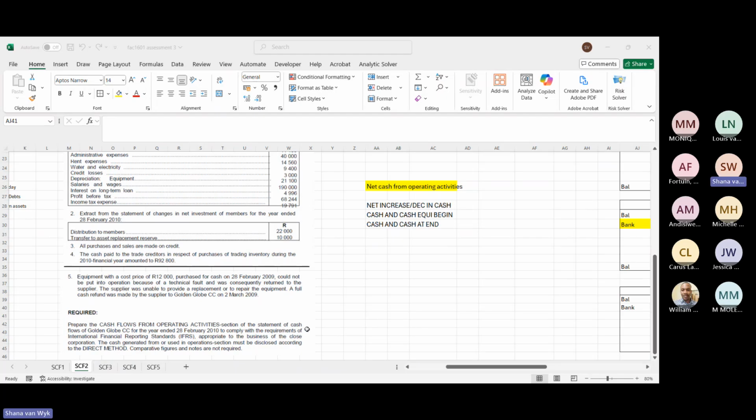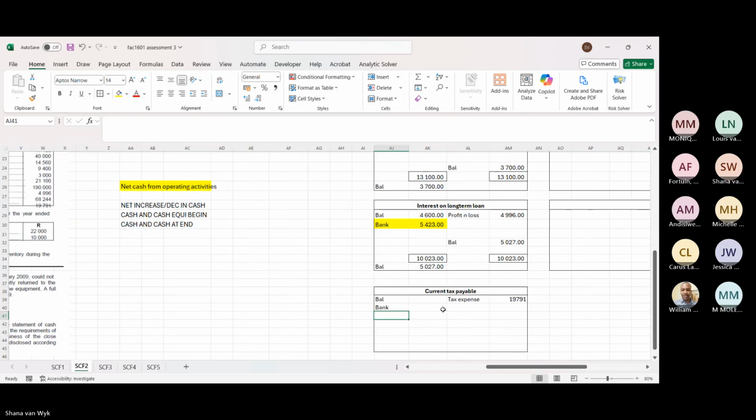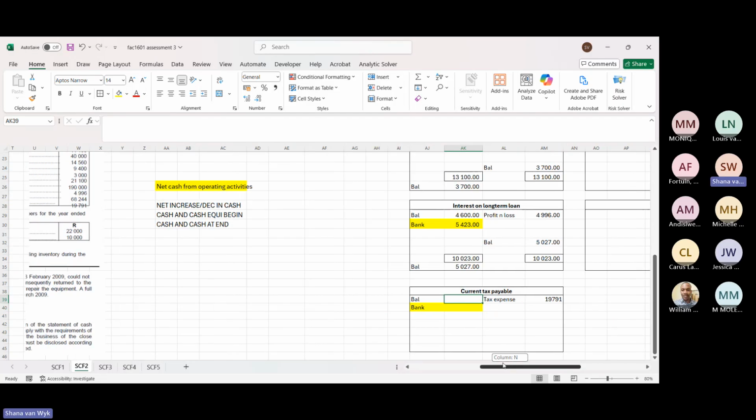Tax we're paying to SARS, we carry that over. Tax we need to pay. So we know it must be on this side because we need to pay it, but there's no beginning and end of the year. Because I think I'm approaching it wrong now.